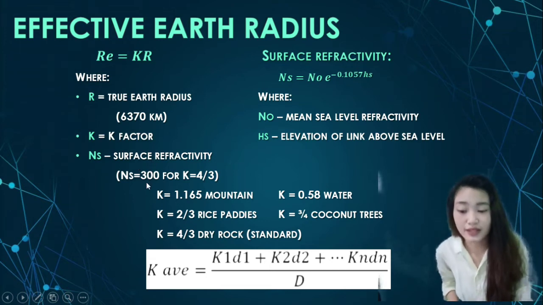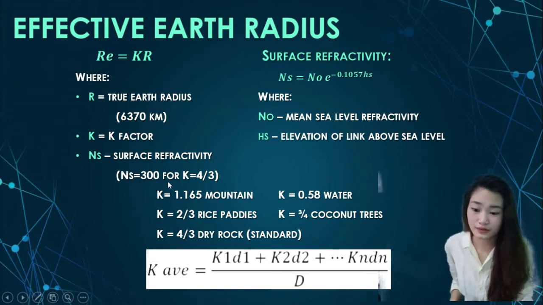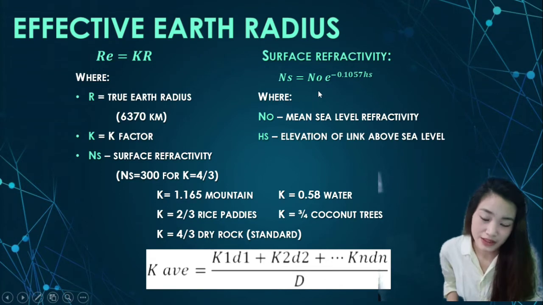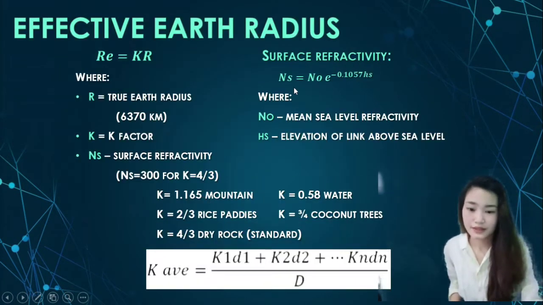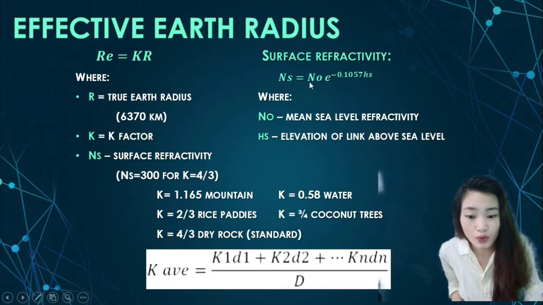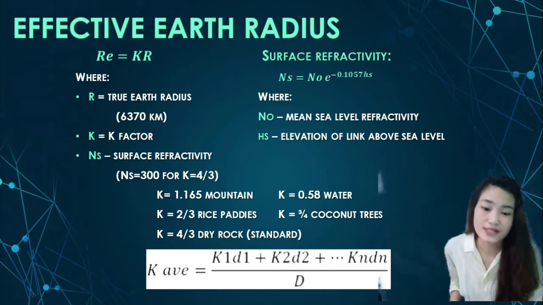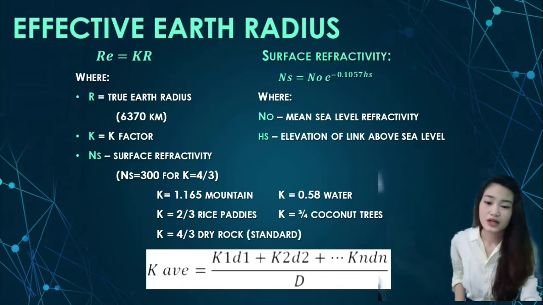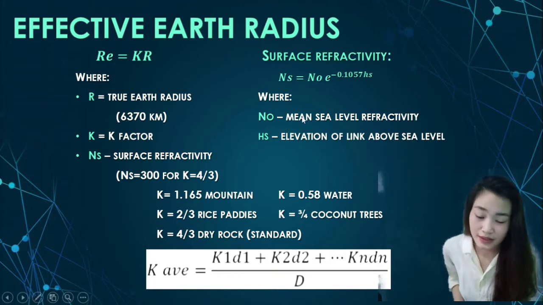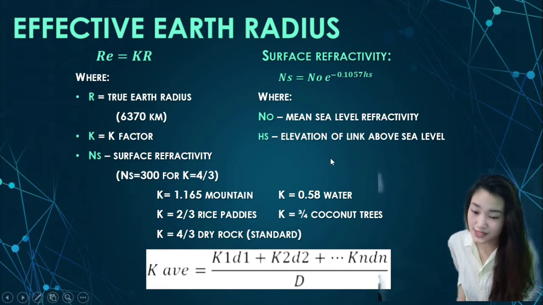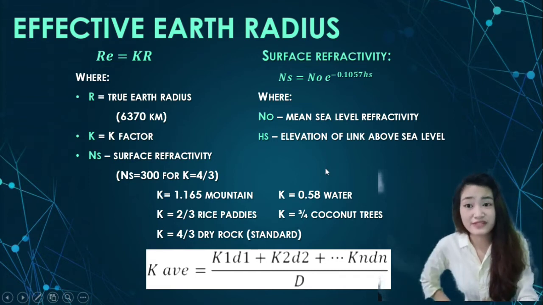Ns is equals to 300 for K is equals to 4/3. Surface refractivity, or Ns, is equals to No times e raised to negative 0.1057 Hs, where No means sea level refractivity and Hs means elevation of link above sea level.